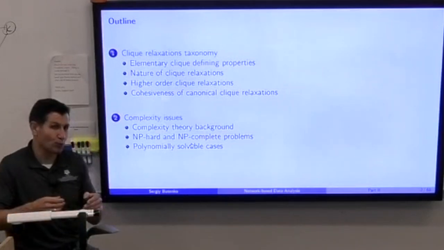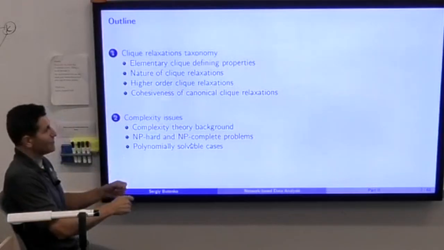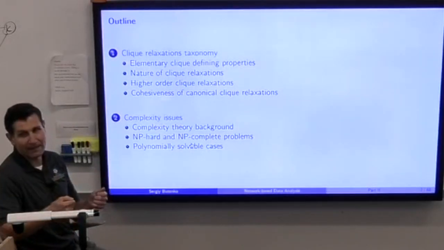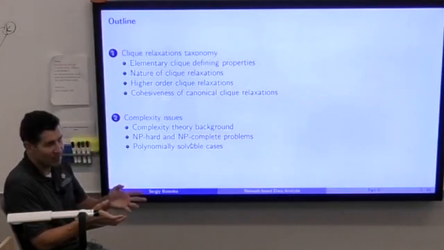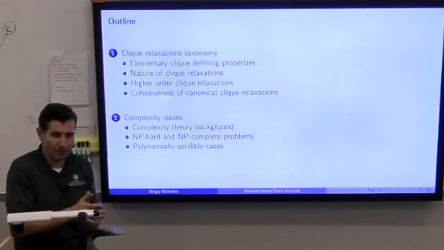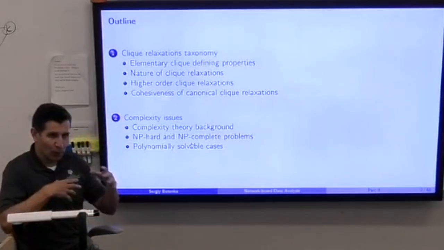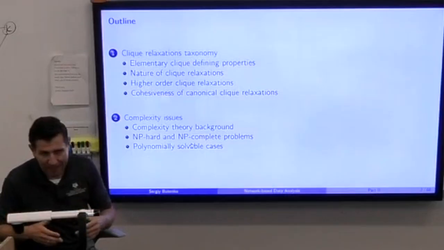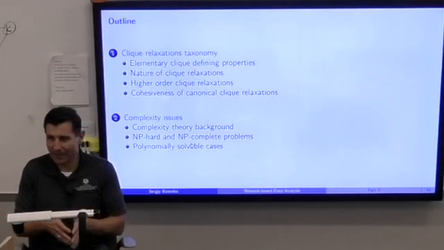Tomorrow, the plan is to discuss the exact algorithms for finding the maximum size or maximum weight structures of a given type in networks. And in order to do that, we need to understand the complexity. So I was planning to go over a quick crash course on complexity theory for those of you who have never seen complexity theory.